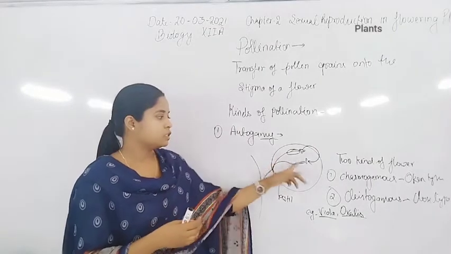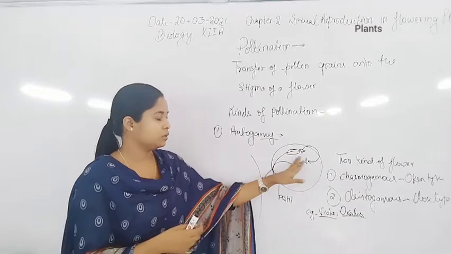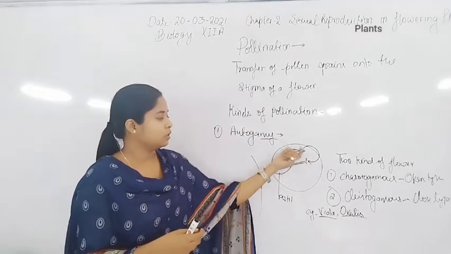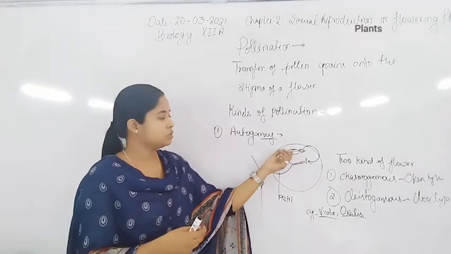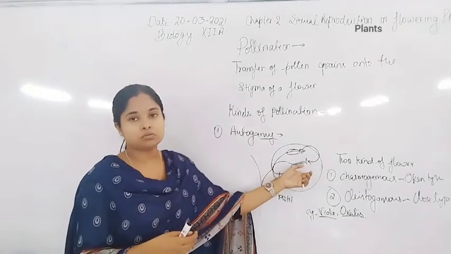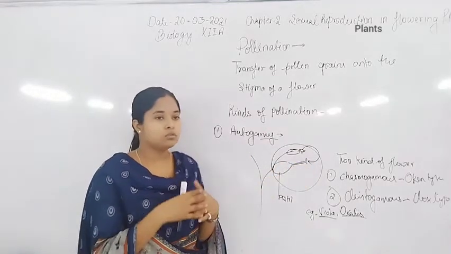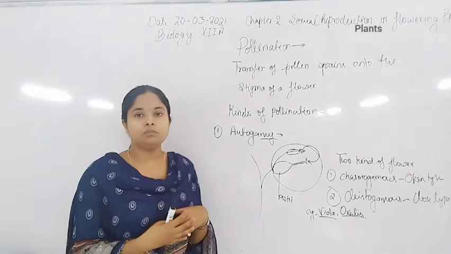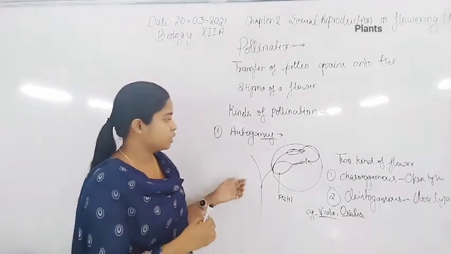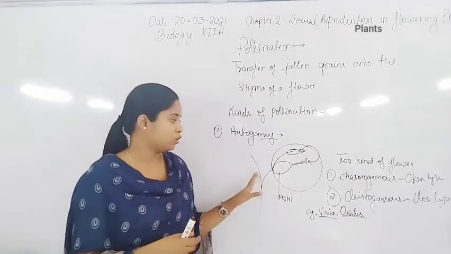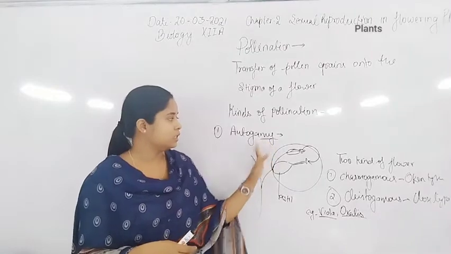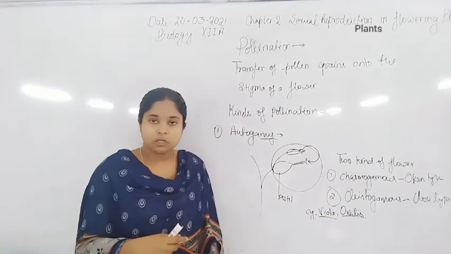So anther and stigma are very close to each other because of the closed type of flower. And due to the closed type, they also do not allow any pollen grain to come in contact with the stigma. So this kind of pollination is known as the autogamy type of pollination or self pollination, and it strictly occurs in the clistogamous type of flower.